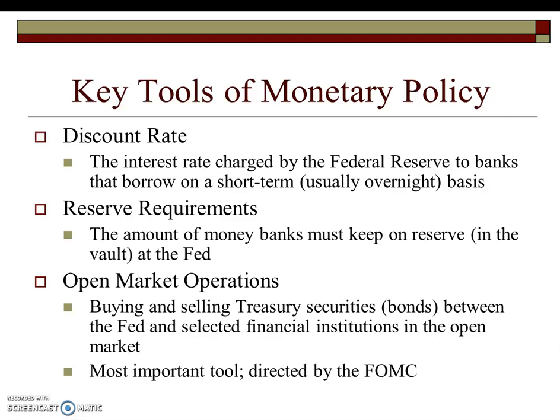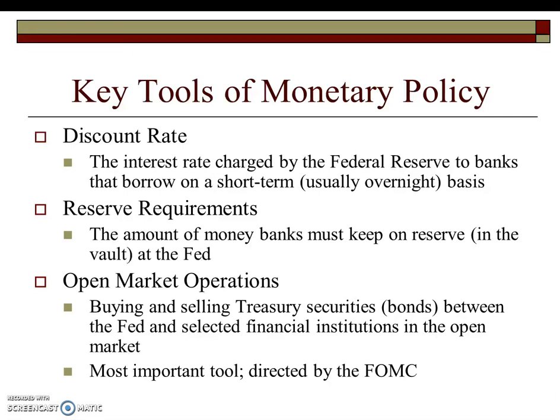If you think about the discount rate, if they raise the interest rate, it's charging banks more to borrow money. So banks may not want to do that, which can help slow down the economy. And if they lower the interest rate, then banks are more likely to borrow money from the Federal Reserve. That could speed up the economy and increase the money supply.